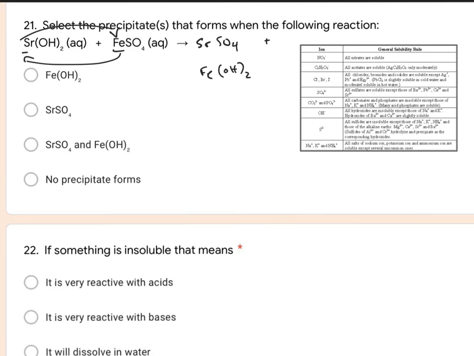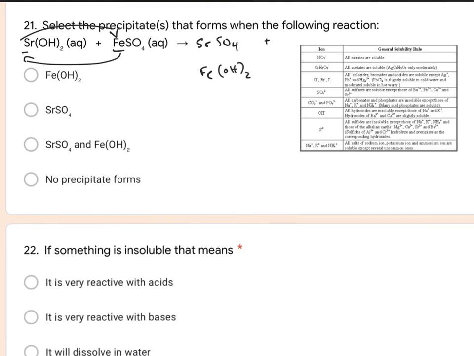So then we come over here, and we're going to see what precipitate would form in this situation. Well, Sr does not have a rule, but SO4 does have a rule. It says all sulfates are soluble except for those of barium, lead, calcium, and strontium, which would mean that this would be insoluble.